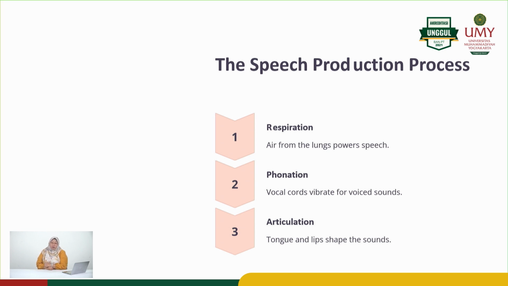This is what is called phonation. Finally, our tongue, lips, and other parts in our oral and nasal cavity shape the sound in a process called articulation. So there are three main processes. These are respiration, phonation, and articulation.